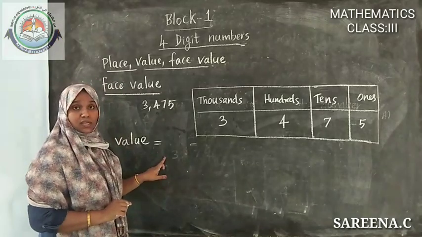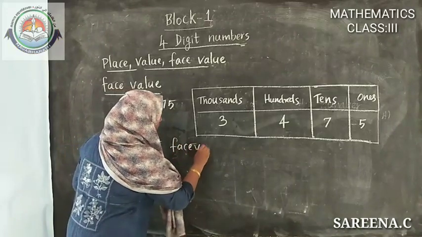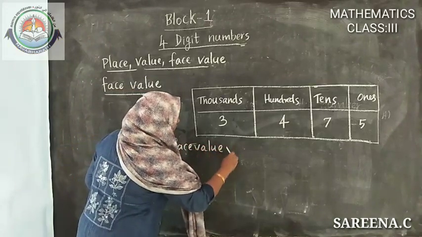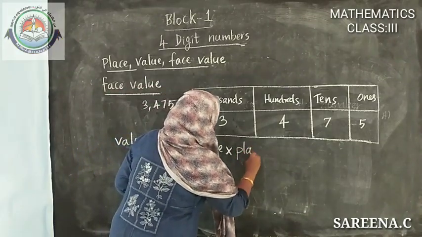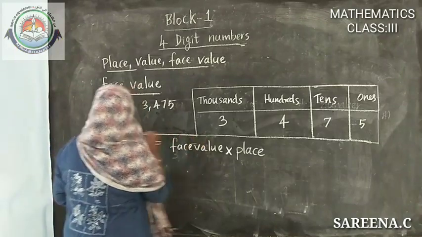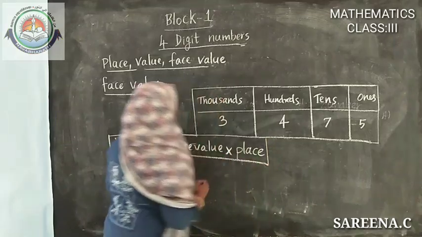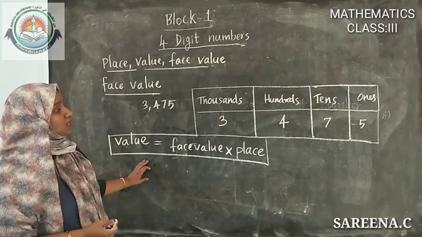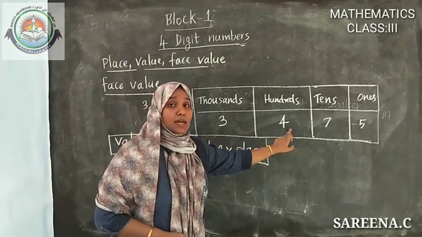Okay. Value is equal to face value into place. Value of a digit is face value into place, and we can see what is the value of 4 in this number.